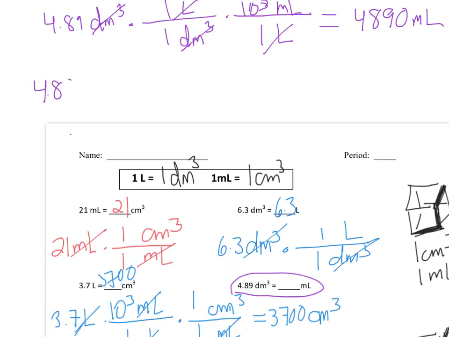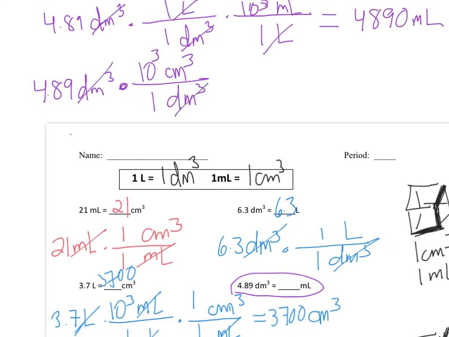Let me do it the other way just for fun. So 4.89 decimeters cubed. Another way to do it would be to link between decimeter cubed and a centimeter cubed and then go to milliliter. So decimeter on the bottom, centimeter on top. 1 decimeter is 10 to the first centimeters, but then you cube everything. So this would be 10 cubed centimeter cubed, 1 cubed is 1, decimeter cubed.